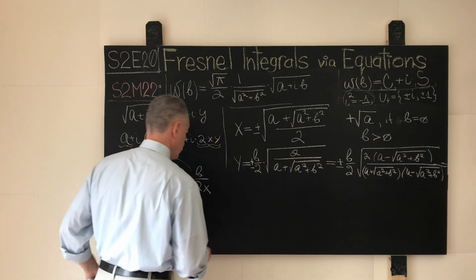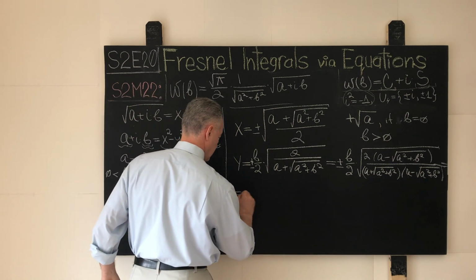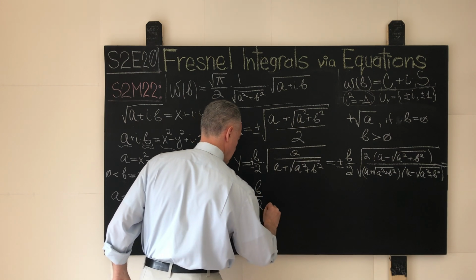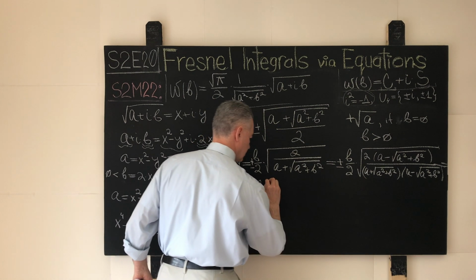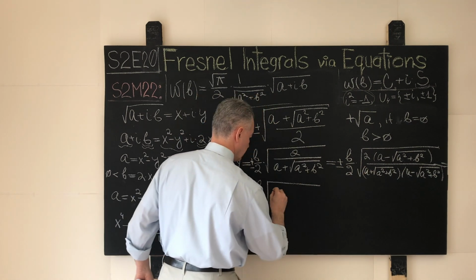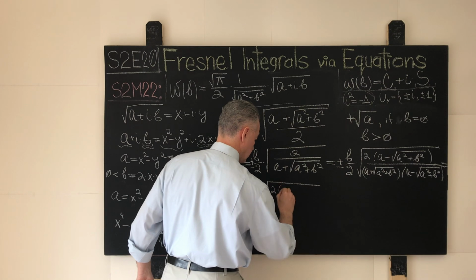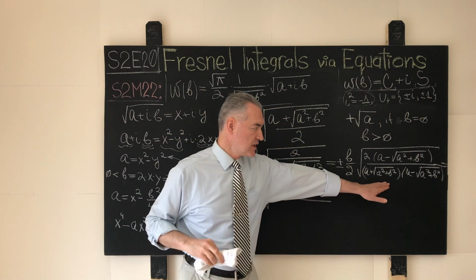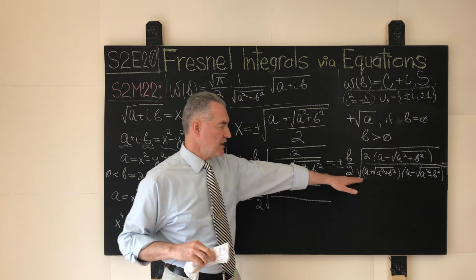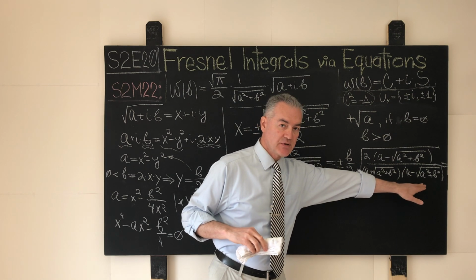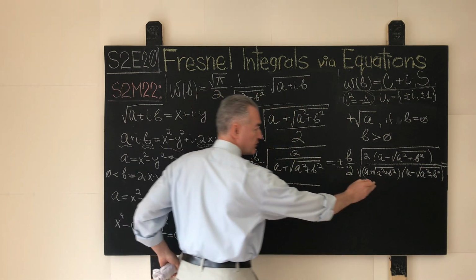And now what do we have? Let's continue over here. Plus minus b over 2 square root of what? Here we have 2. We'll multiply it by something in a second. What do we have in the denominator over here? Well, we have something plus something times something minus the same something. So that would be what? A difference of squares.